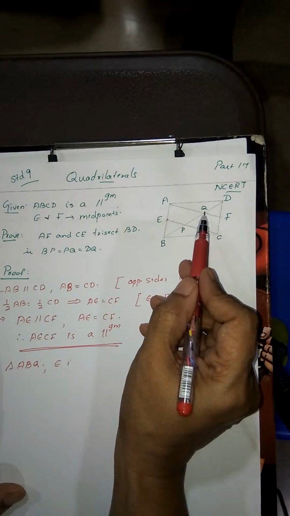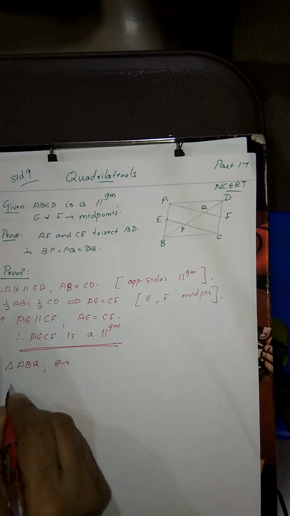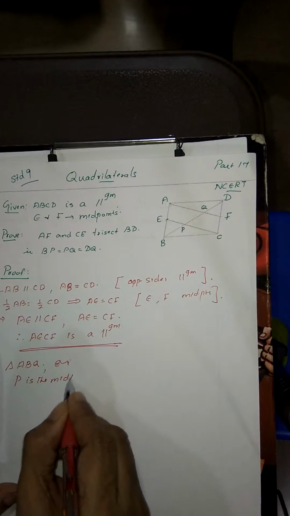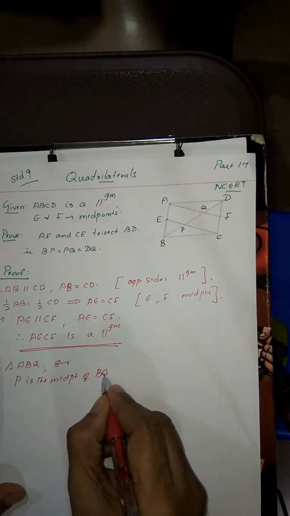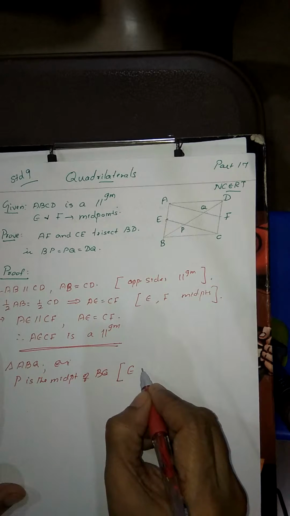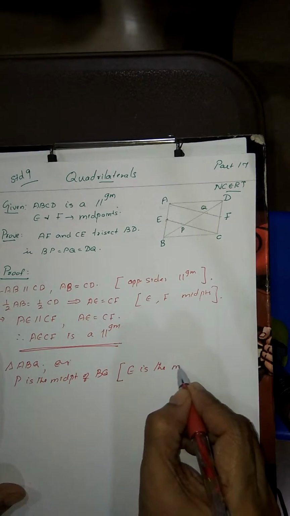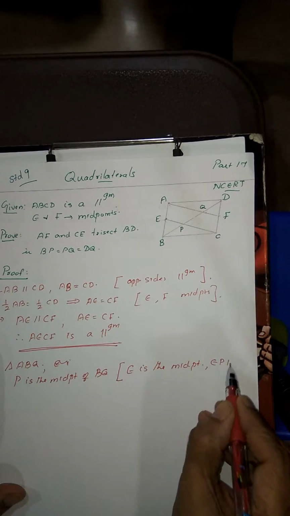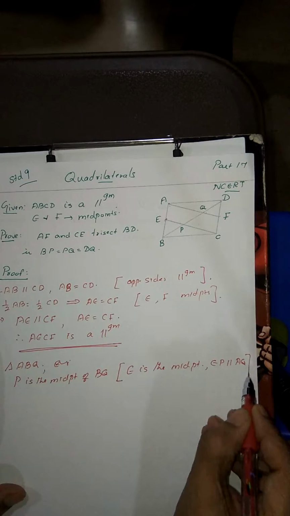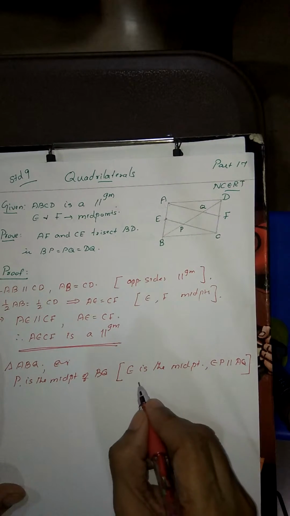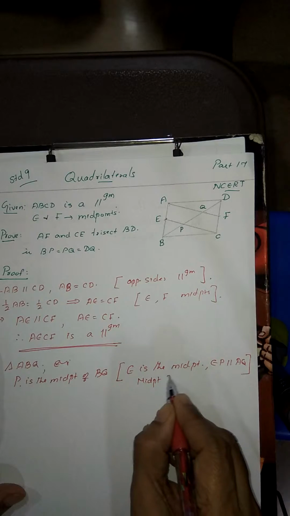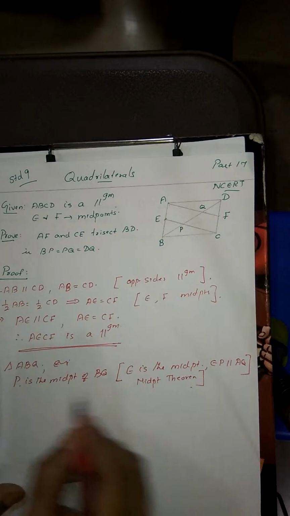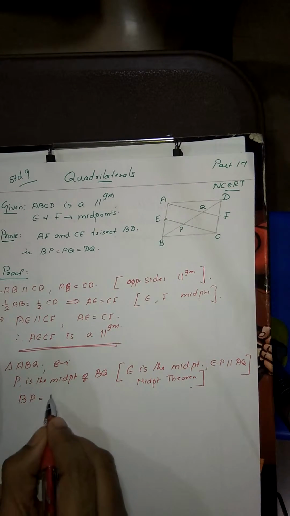Therefore, P is a midpoint of BQ. The reason: E is a midpoint and EP is parallel to AQ. Therefore, P is the midpoint of BQ. This is using the midpoint theorem. From that we get BP is equal to PQ.